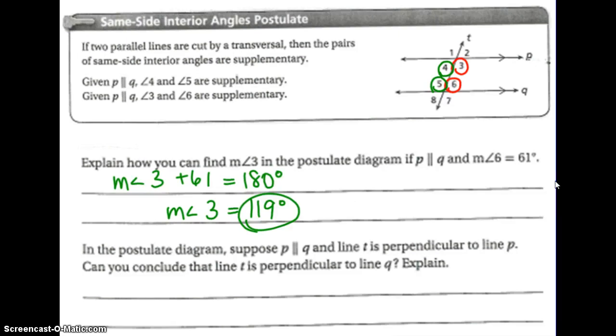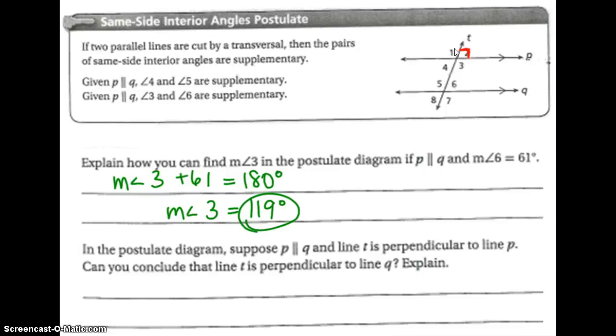It says that suppose P is parallel to Q and line T is perpendicular to line P. So let's say this right here is a right angle. How would you also be able to explain that T is perpendicular to line Q?